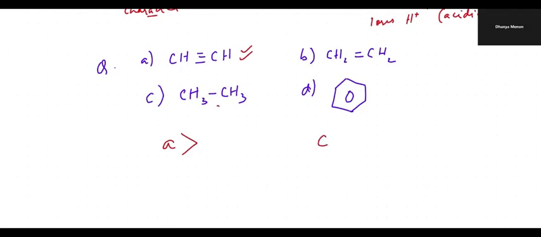Then among B and D, benzene and ethene, who comes? Benzene comes, because we just saw in the list that benzene comes before ethene. Then B, then C. I hope I'm clear. That is why certain species, the order you need to memorize so that it's easy to write down the order.